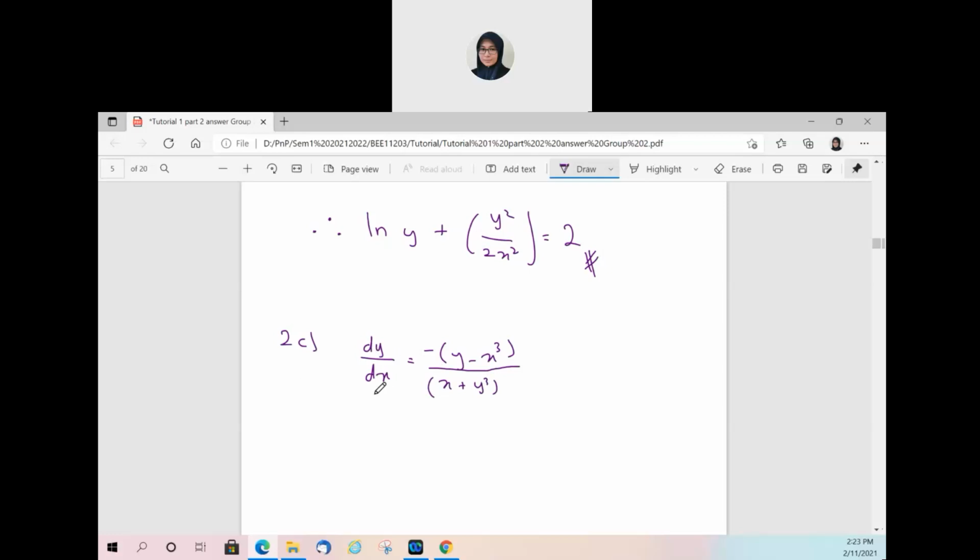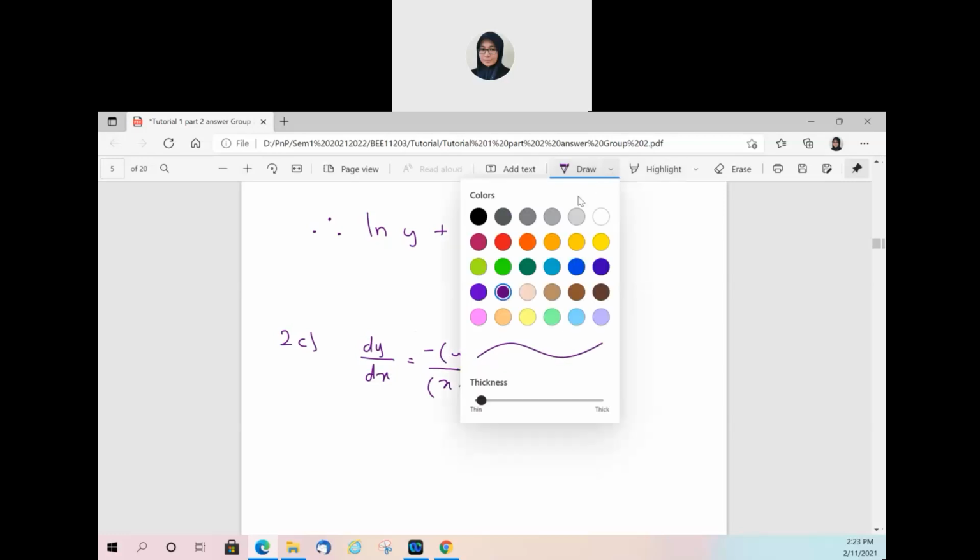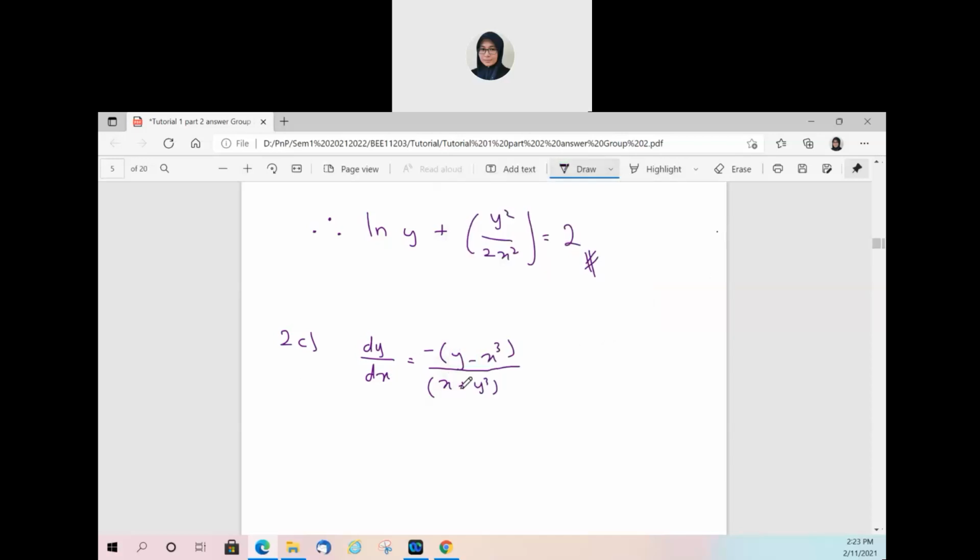So this is our differential equation. Now for exact equations, always remember that you must arrange the equation so that it will be in this form: M dx plus N dy equals to 0. Must be in this form if you want to solve the exact equation.